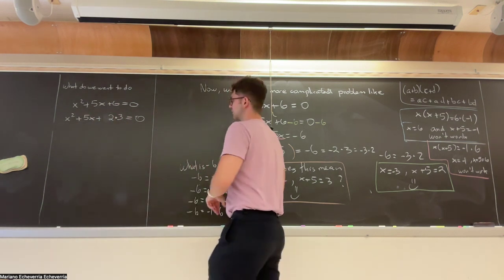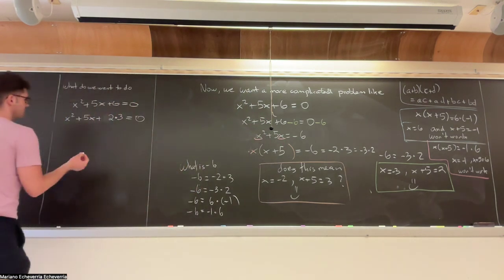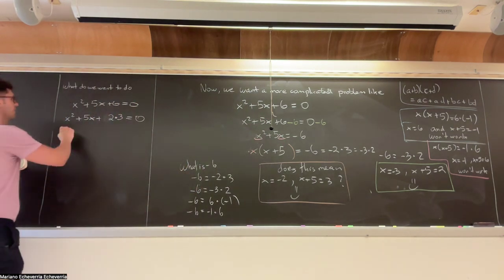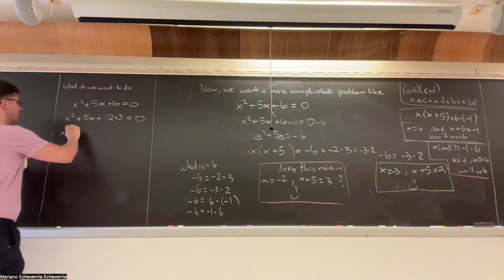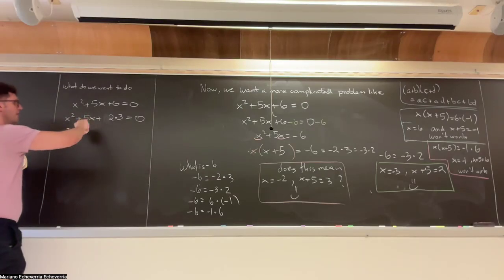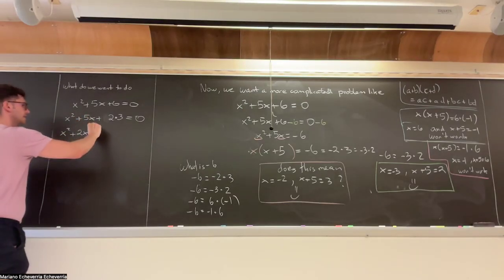So how can you use that to your advantage? I'll give you a more general method in a moment. But what that means is that you should think about 5x as 2x plus 3x.